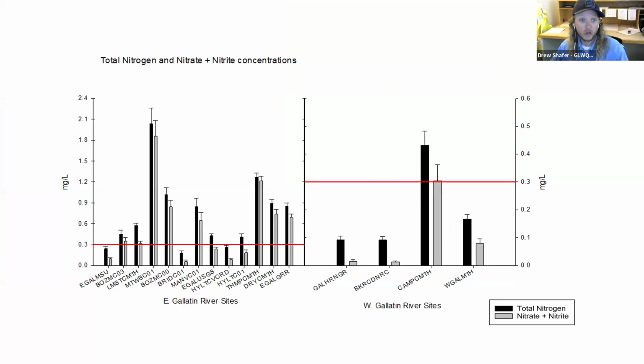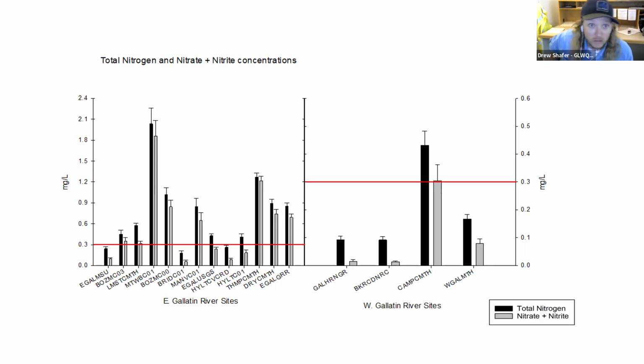We have concentrations on the y-axis, and they are different concentration values based off of their watershed. The big takeaway here, we have 35% or 6 sites are below the numeric standard of 0.3 milligrams per liter total nitrogen. We have 3 sites in the East Gallatin watershed, and we have 3 sites in the West Gallatin watershed.